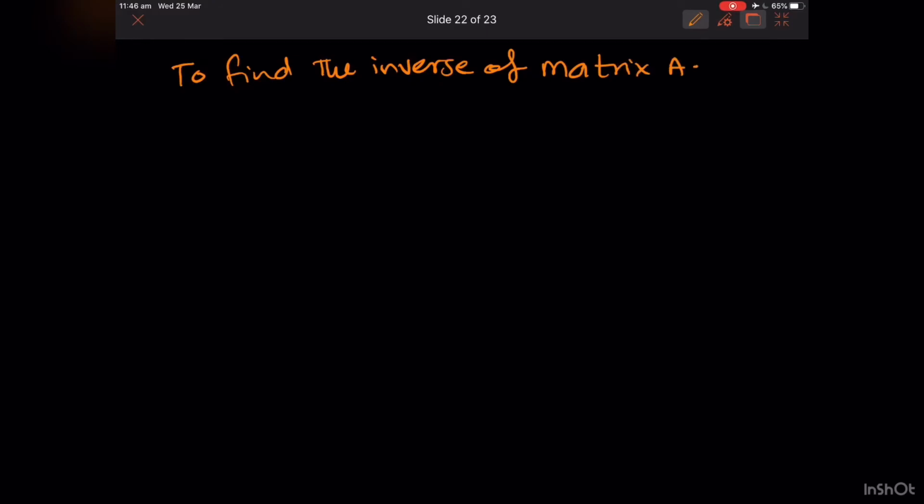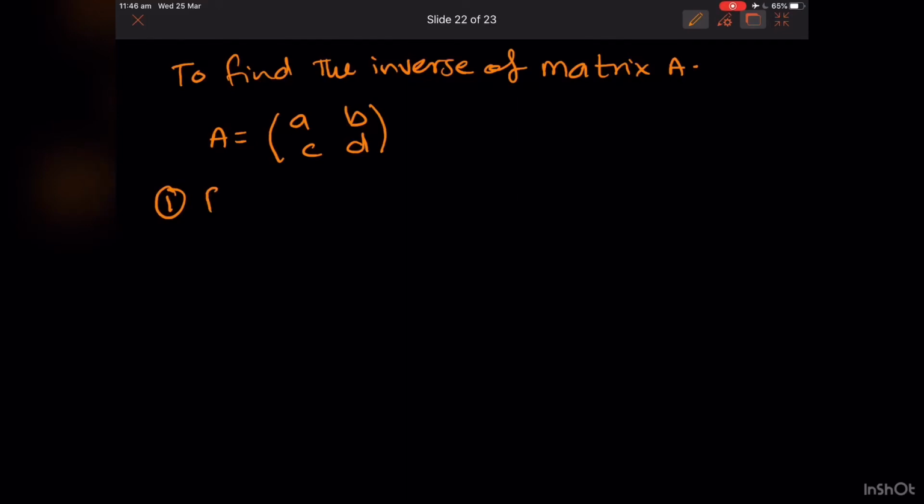So say A equals the matrix A, B, C, D. First of all, the first step is to find the determinant of A, which is the product of the diagonal AD minus the product of the other diagonal BC.